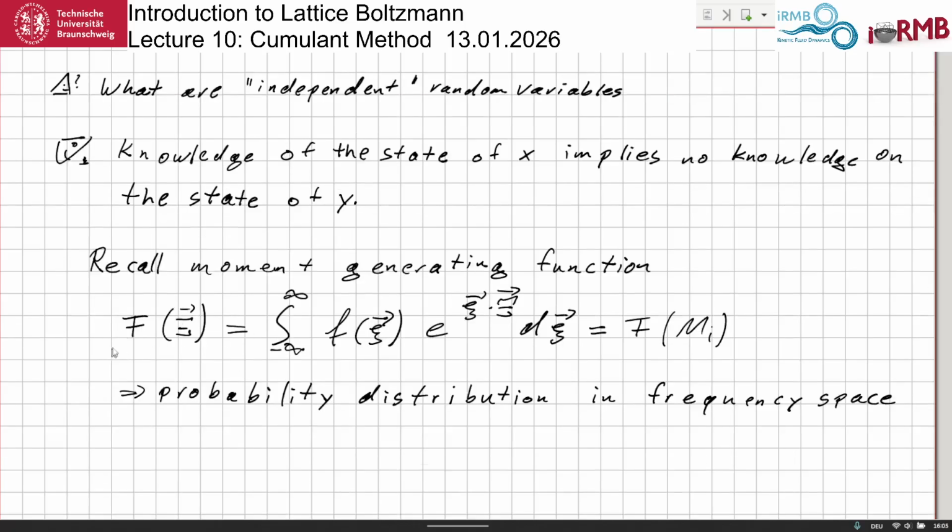So now we basically have a probability density in a different space where it is continuous.